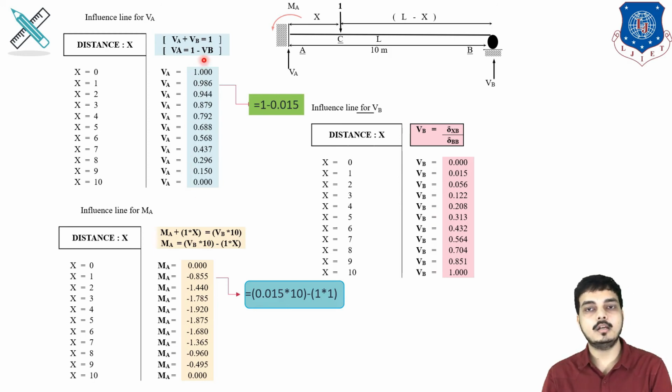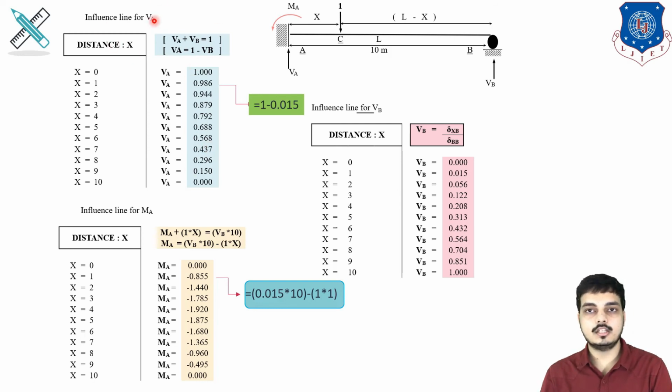How did this come? Because of this relation. The same relation we will be using in the entire step, meaning 1 minus VB. Look, x equals to 6. How did it come? 1 minus 0.43, we get 0.56. So this is a simple step.